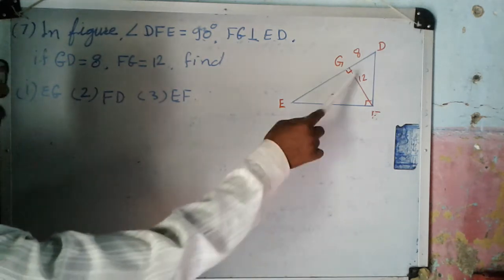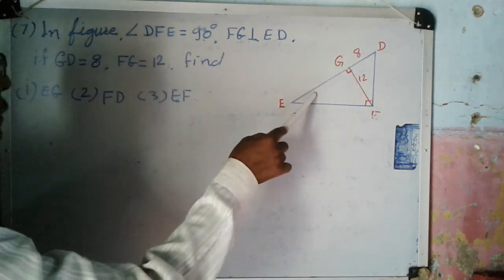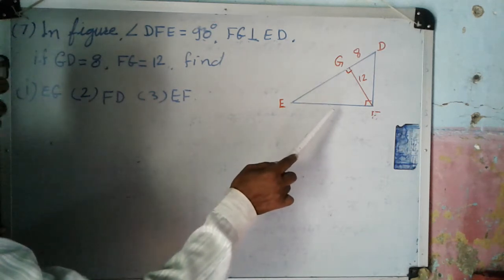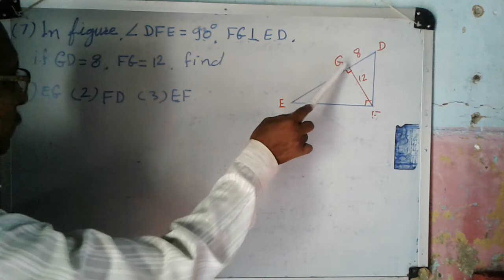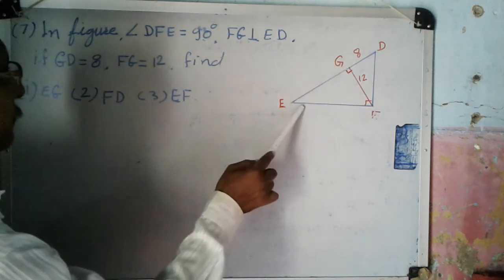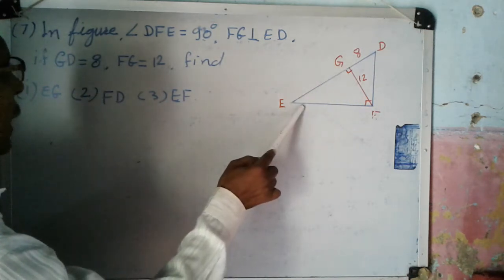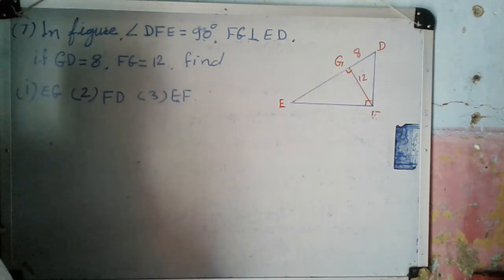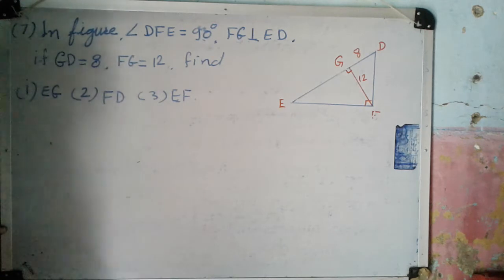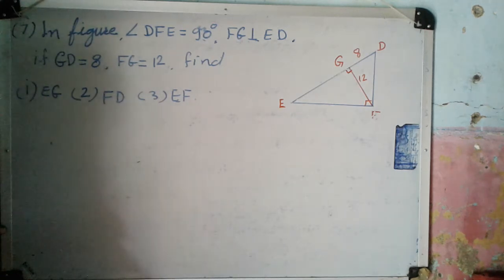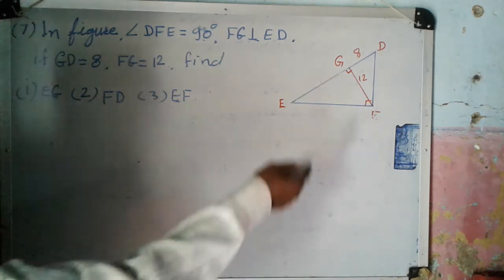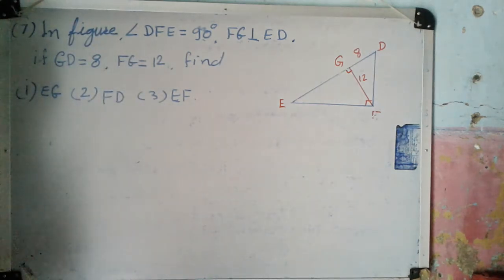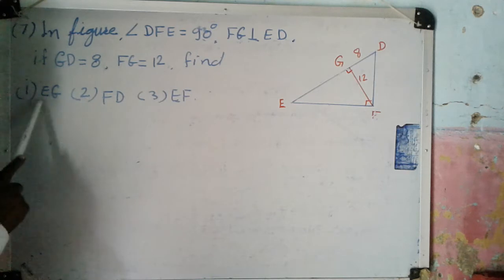After drawing the perpendicular on the hypotenuse, we got two more right angle triangles, that means triangle EGF and triangle FGD. Now already we have studied that property, similarity of right angle triangles. That means these three triangles are similar. Now first we will find EG.